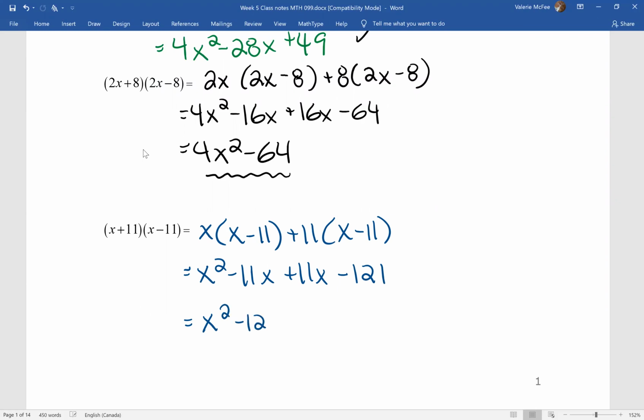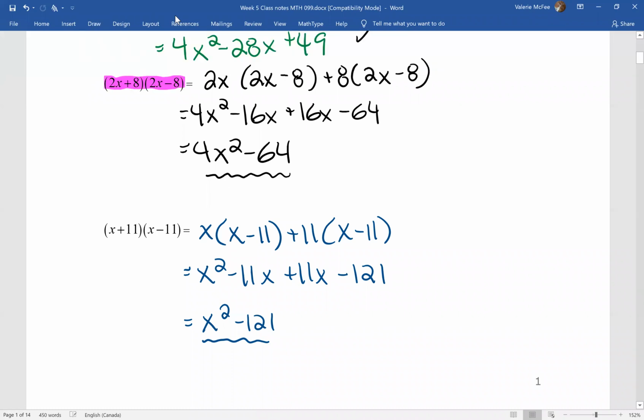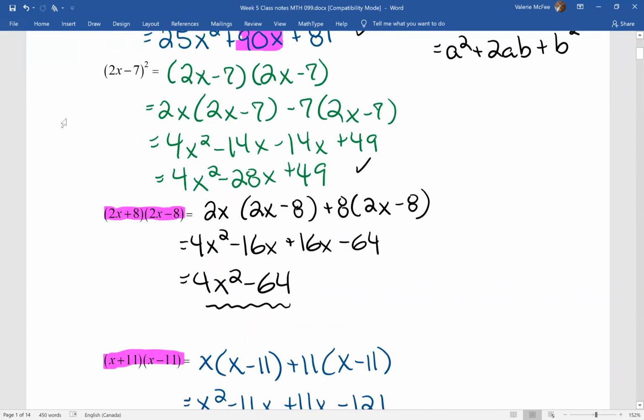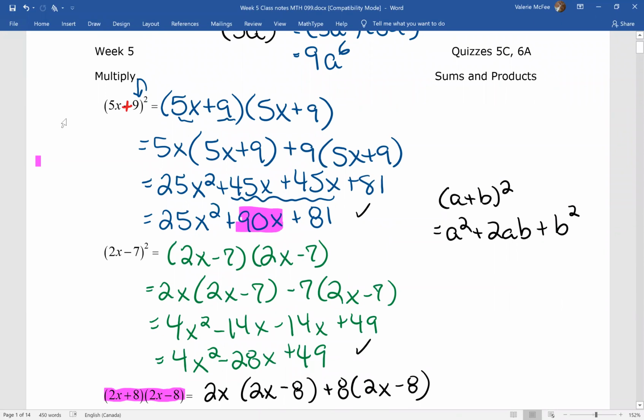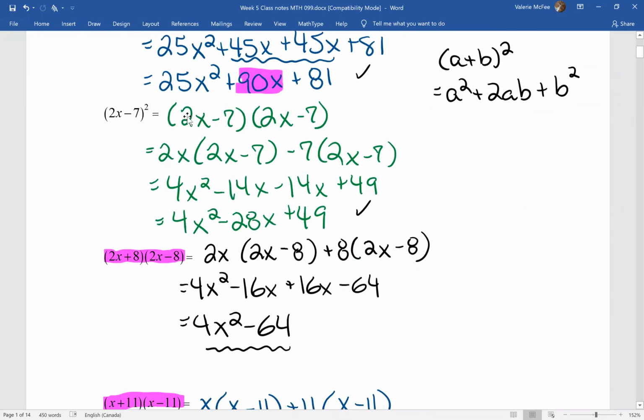And here again, our product was a binomial. Take a look at the 2 questions we have here. Why do you think these 2 products gave us an answer that is a binomial when these 2 gave us products that were a trinomial? 5x plus 9 squared was 5x plus 9 times itself. 2x minus 7 squared is 2x minus 7 times itself.